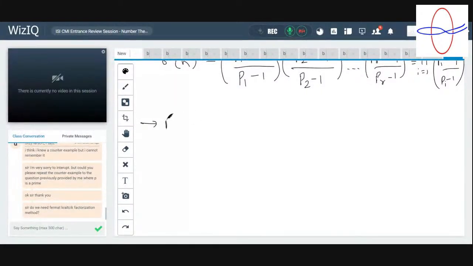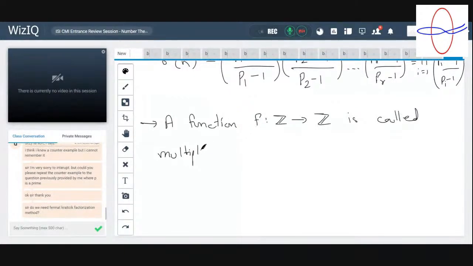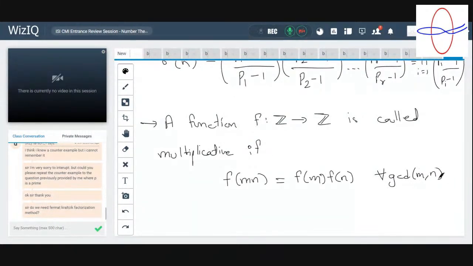By a number theoretic function, I mean a function from Z to Z. A function f from Z to Z is called multiplicative if f(mn) is equal to f(m)f(n), but this only needs to hold when m and n are such that their GCD is 1, for all coprime m and n.